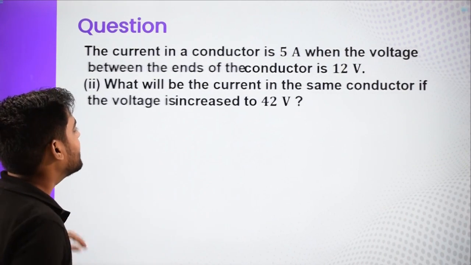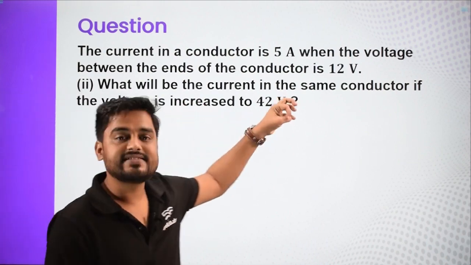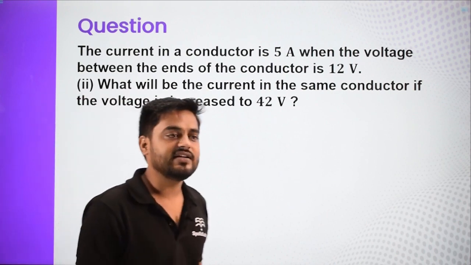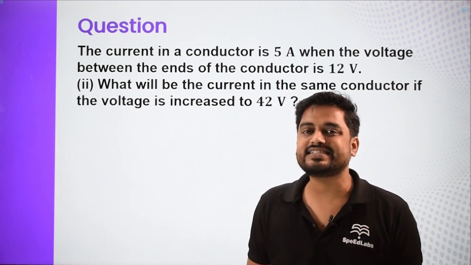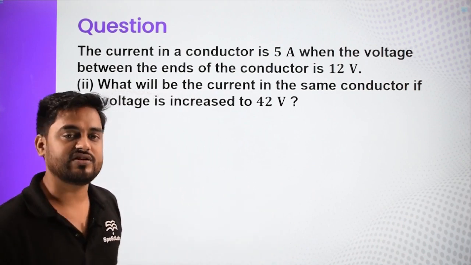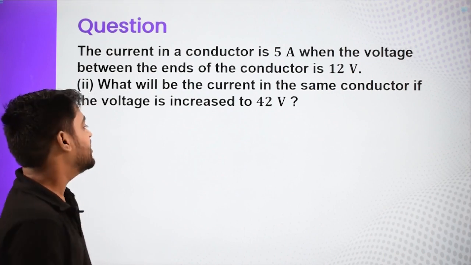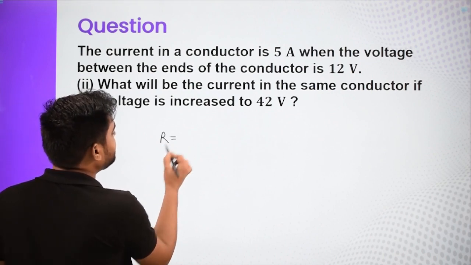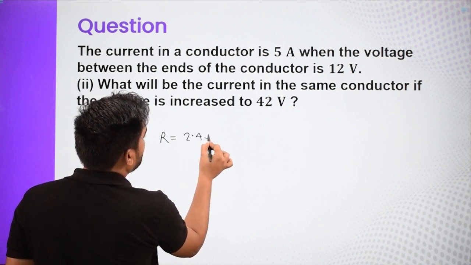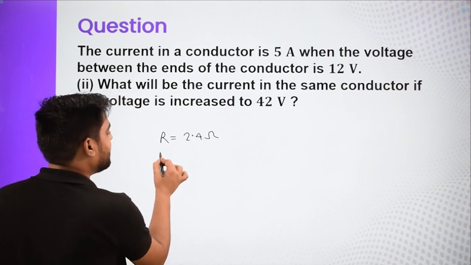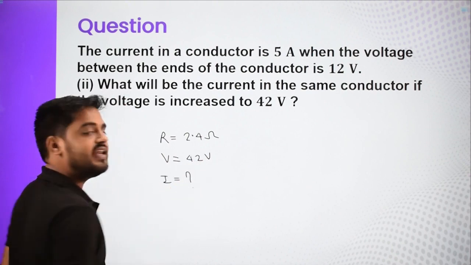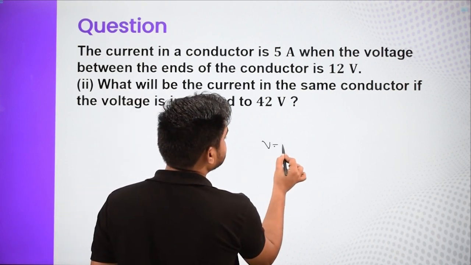Now the next question is, what will be the current in the same conductor if the voltage is increased to 42 volt? Remember that if we are talking about the same conductor, resistance is a constant. Until and unless we change the shape, size or temperature, the resistance is not going to change. So the resistance of the same piece of conductor will remain 2.4 ohm, and the voltage is 42 volt, and now they are asking the current. So again let us apply V is equal to IR.